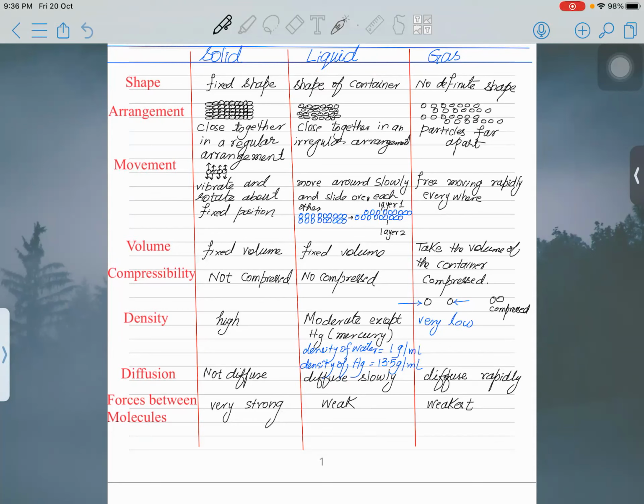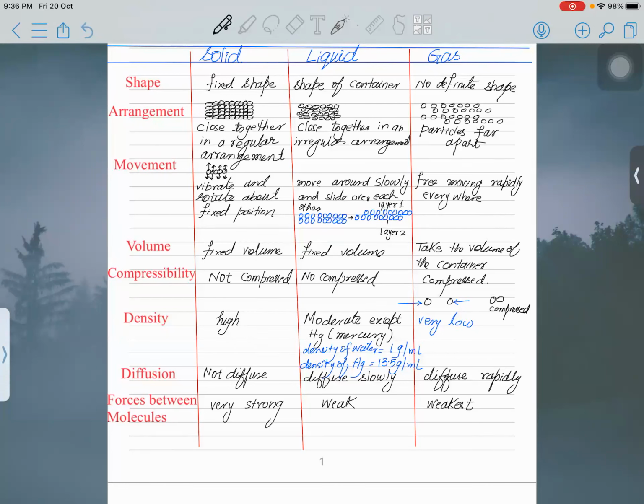The solids have fixed shape and liquids have shape of container and gases have no definite shape. Solids are tightly packed together while liquids are close together in an irregular arrangement and gases particles are far apart.